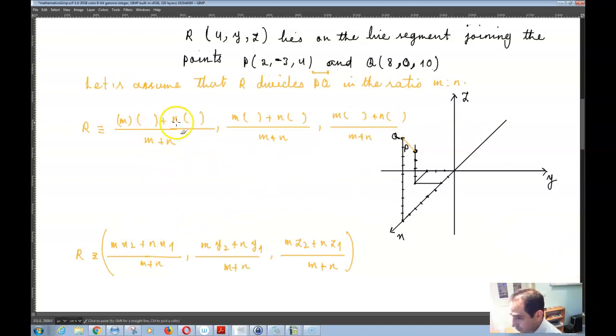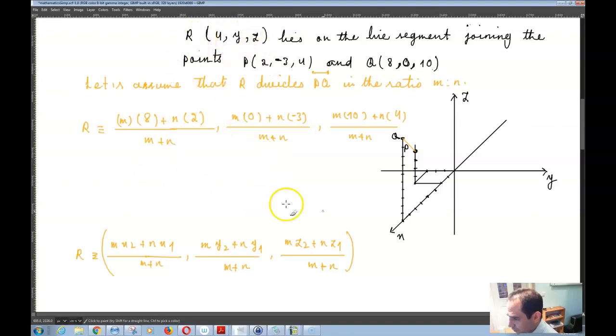And over here you have x2 and x1. So I take point P as point 1 and Q as point 2. So then that would be 8 and 2 over here. So that is x2, this is x1, y2, y1 would be 0, -3, and over here you would have 10 and 4.